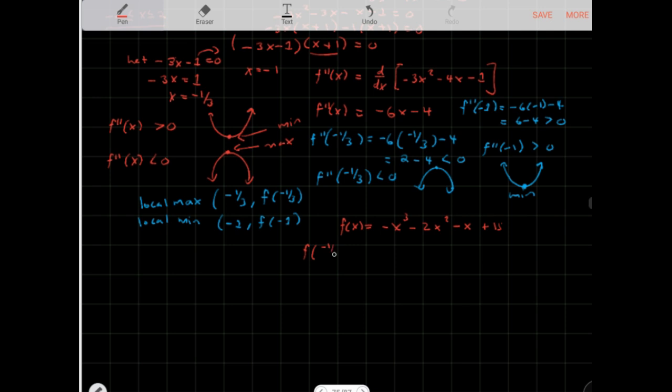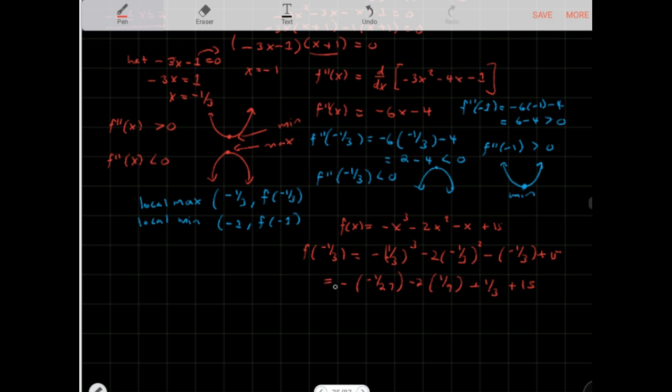So f of negative 1/3 is equal to negative 1/3 cubed minus 2 times negative 1/3 squared minus negative 1/3 plus 15. And if I crunch this out, this is negative 1/27, minus 2 times 1/9, plus 1/3, plus 15.